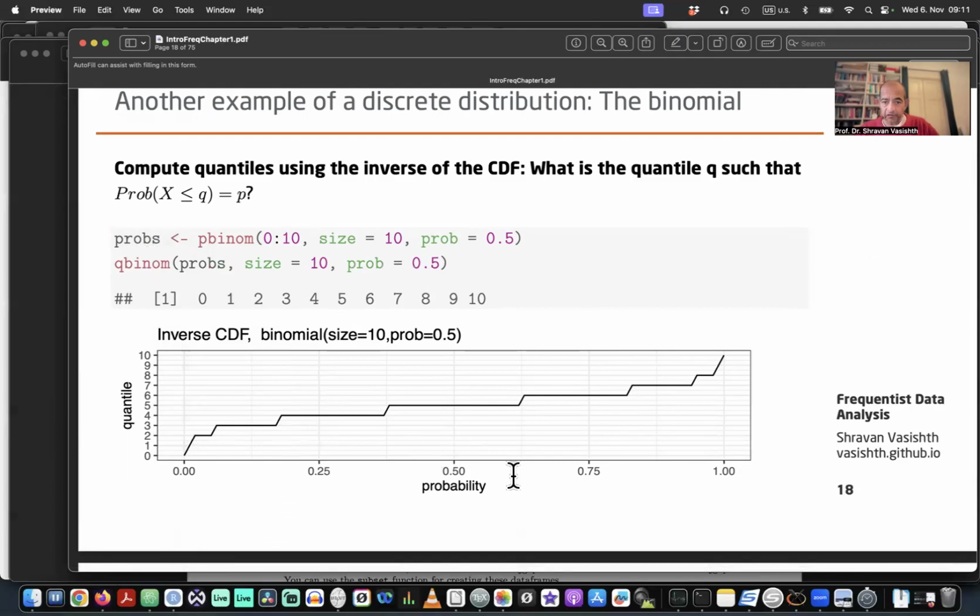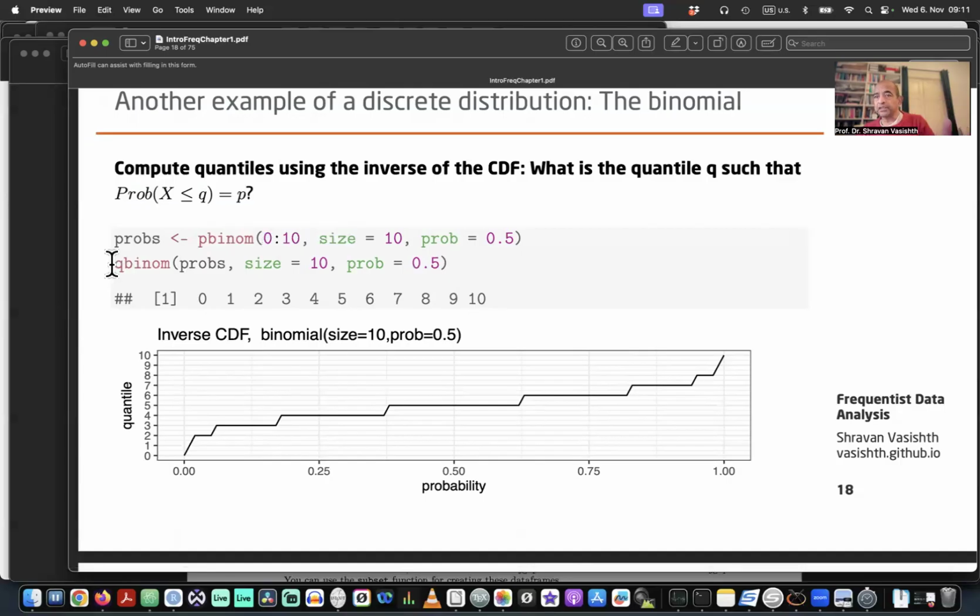So what this Q binom function is doing is that it's taking as input a probability, and it's telling me which quantile that probability corresponds to. So it's answering this question here. Basically, this Q binom function is the inverse of the P binom function, because the P binom function takes as input a quantile and returns the probability of observing that quantile value or something less than that, right?